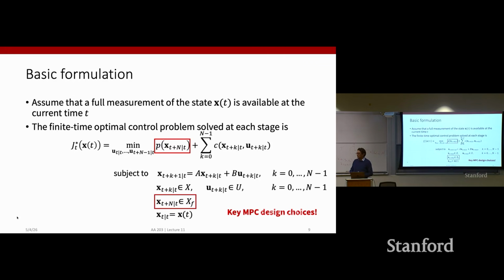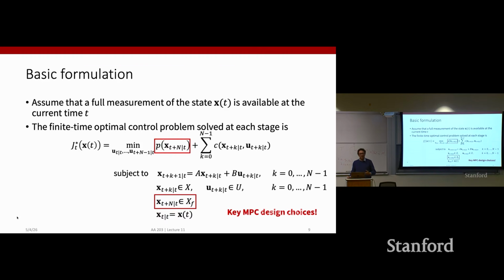And in general, you care about two things. First of all, you care about the so-called notion of persistent feasibility. So you want to make sure that once you transition into the new state, the new optimal control problem that you're trying to solve is still feasible.